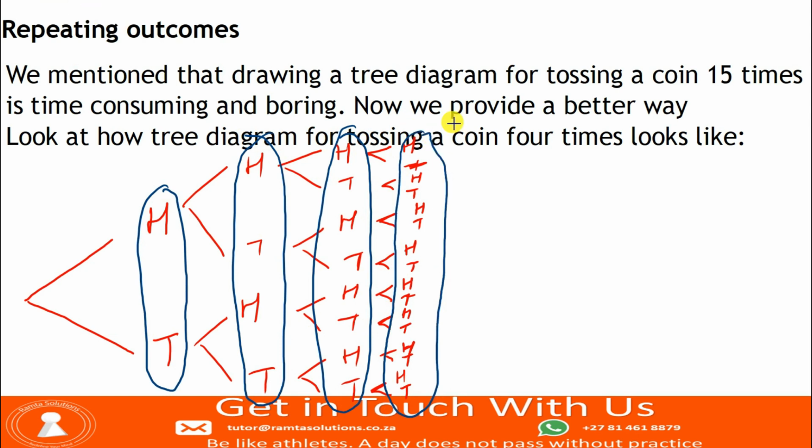Now the total outcomes are head, head, head, head, and then head, head, head, tail. Now we have head, head, tail, head, and then head, head, tail, tail.